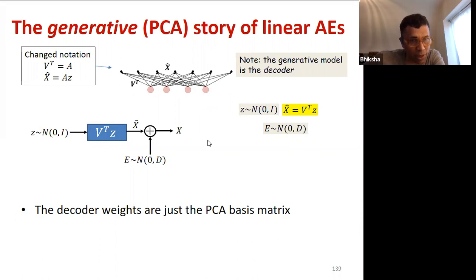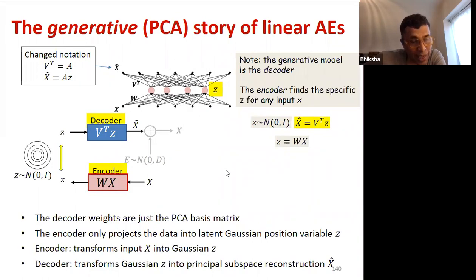This is a generative model. And the encoder is simply trying to find, given a data point, the position on the plane. So this entire autoencoder has two steps. The encoder portion tries to find the position Z on the plane, and the decoder generates the data point from the position Z on the plane.